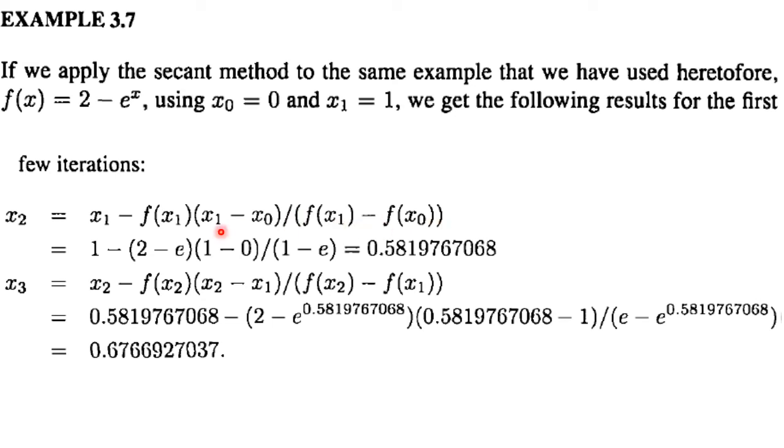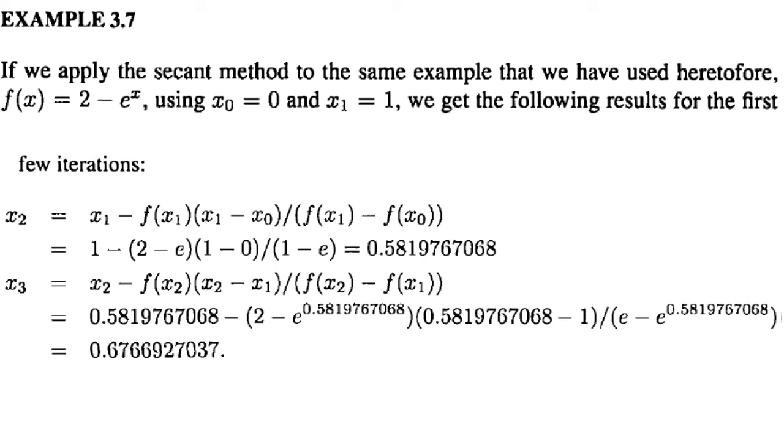So now students, no derivative is involved, so just find out the function values and substitute in this formula, and you get this answer. And students, now x3, the next iteration. So on similar lines, with the similar formula, you get this value 0.6766.